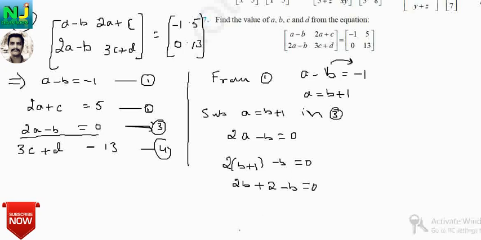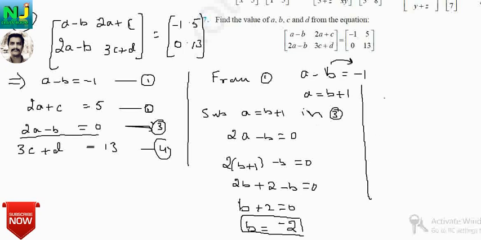So 2b minus b is b. b plus 2 is equal to 0. What do you get? b is equal to minus 2. Plus becomes minus if you move it from left to right side of the equation. So we get the value of b is minus 2.